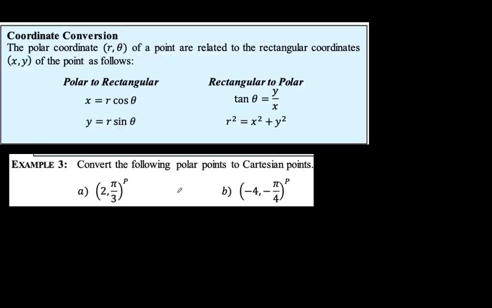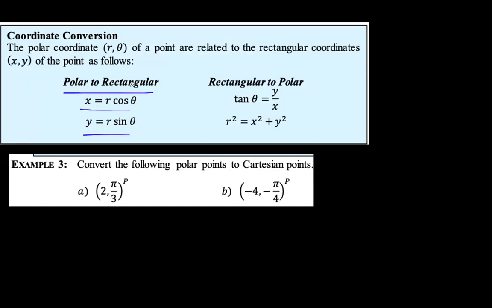All right. So now here's the technique or the rules on how to convert the coordinates, polar to rectangular or rectangular to polar. To do that, we're just going to make use of these formulas.